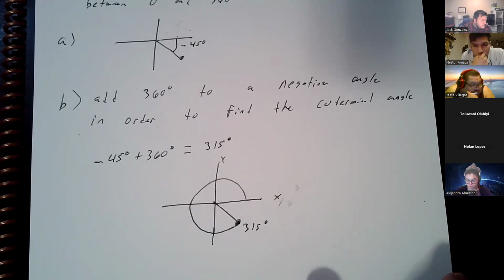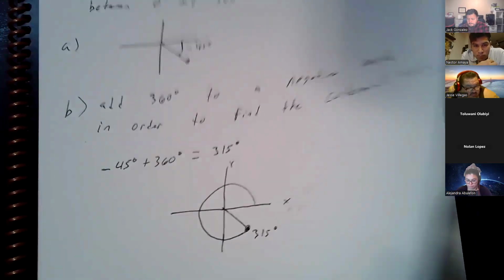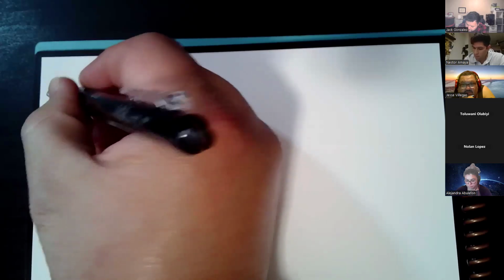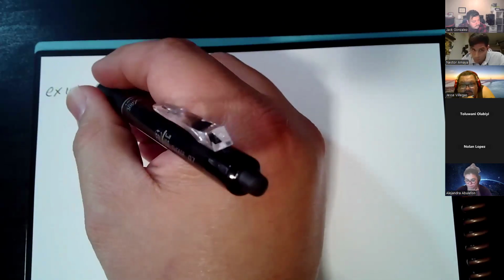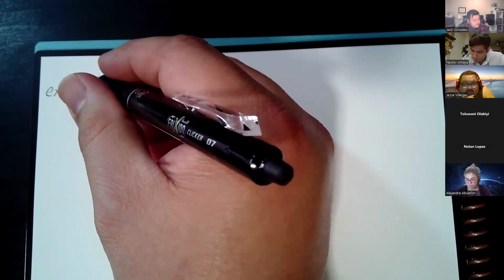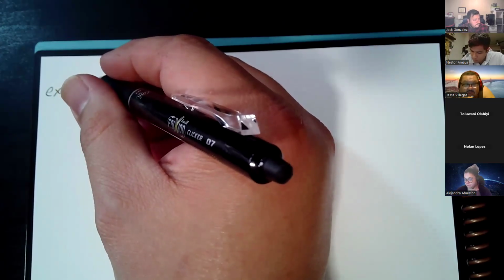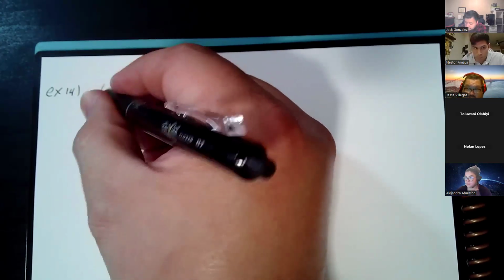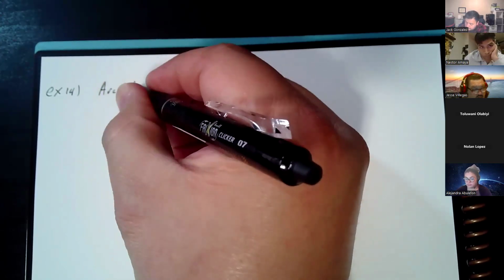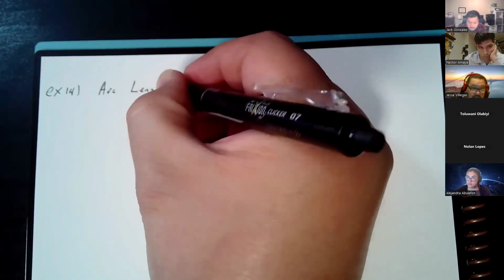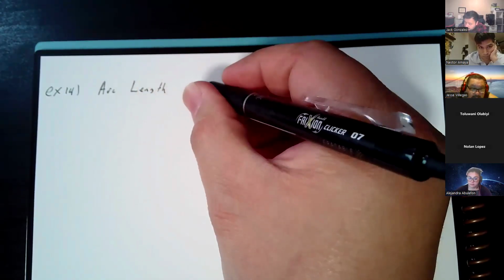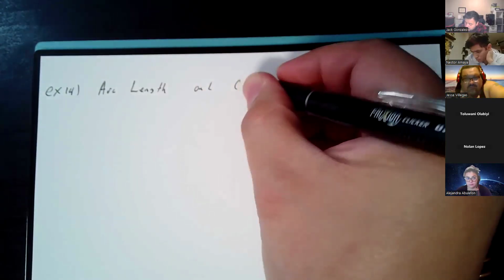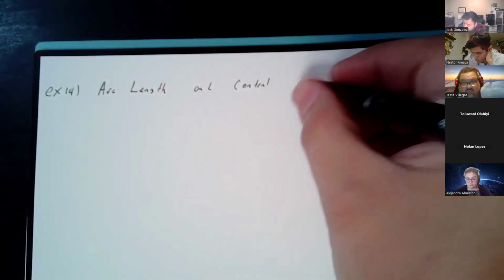This is number 14. Arc length and central angle measure.